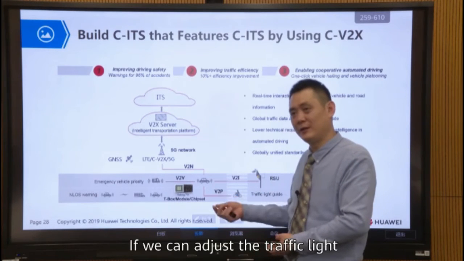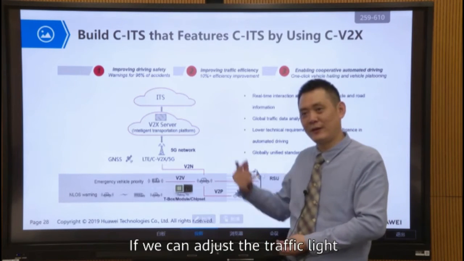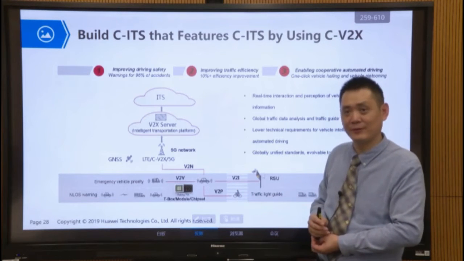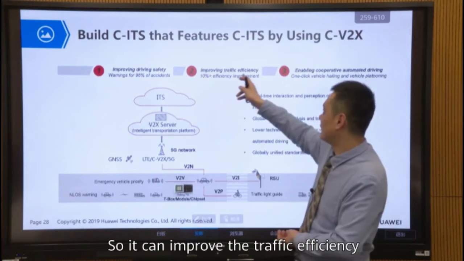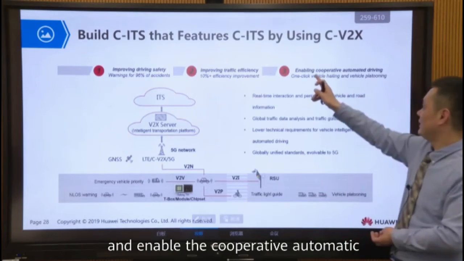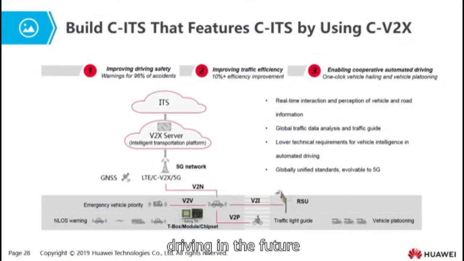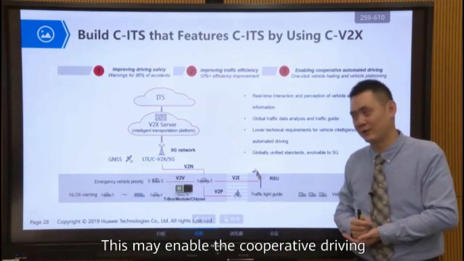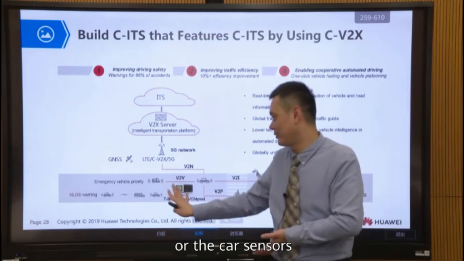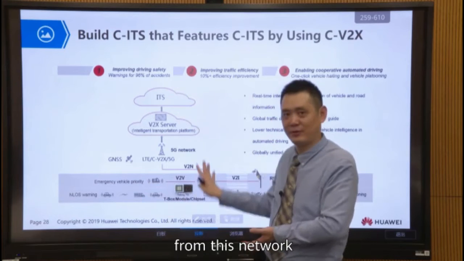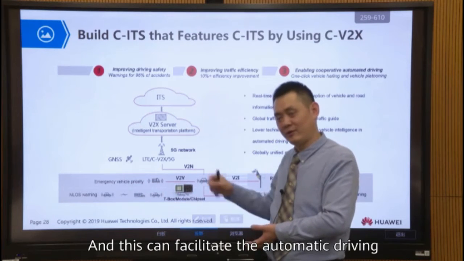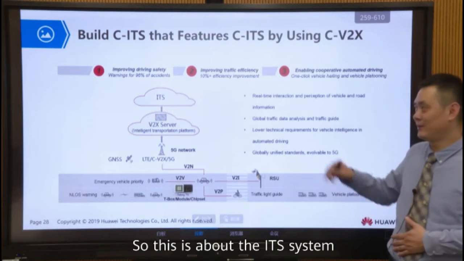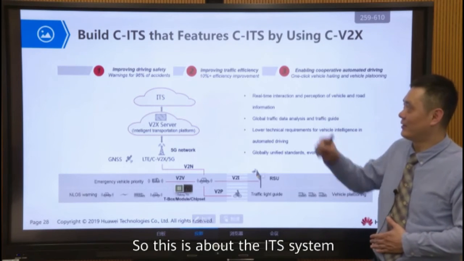If we can adjust the traffic light according to the traffic flow, it can enhance the efficiency, right? So it can improve the traffic efficiency, and it can enable the cooperative automated driving in the future. All the car sensors can share the information from this network, and this can facilitate the automatic driving. So this is about the ITS system.